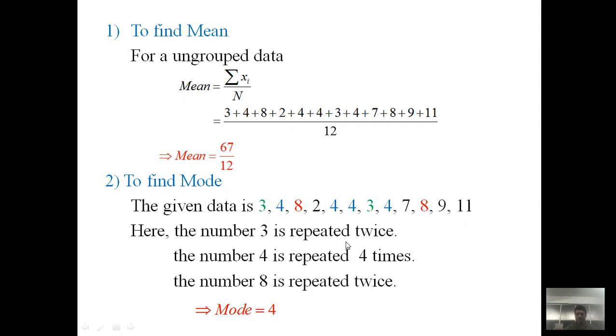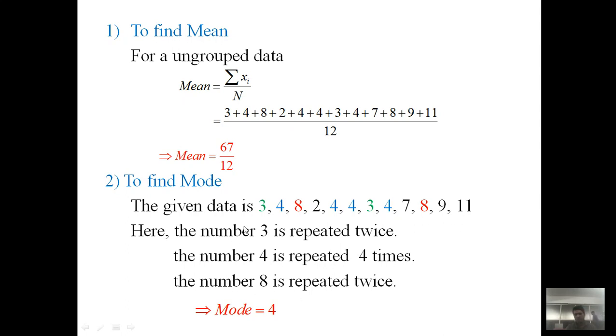The number 4, highlighted in blue, is repeated 4 times. The number 8, highlighted in red, is repeated twice. The remaining numbers are not repeated, for example 7 and 11.